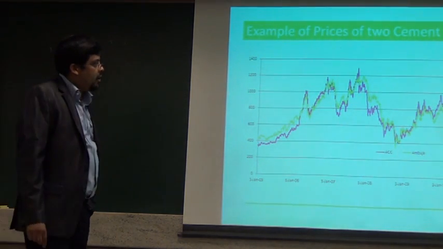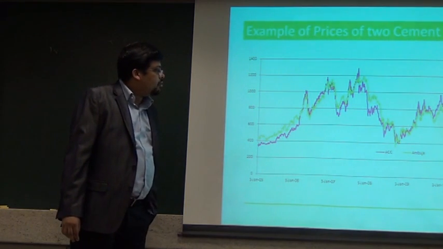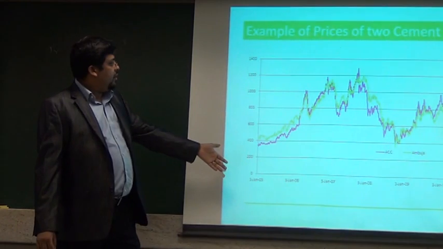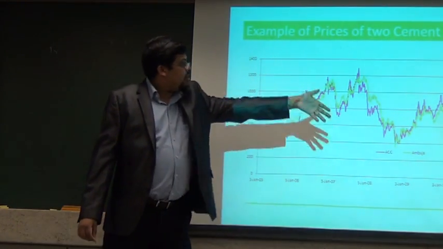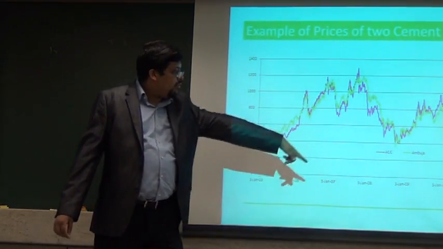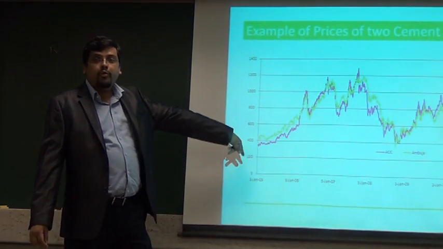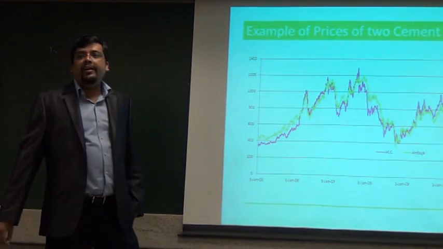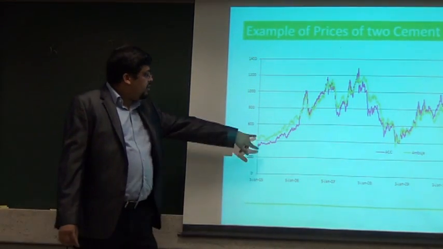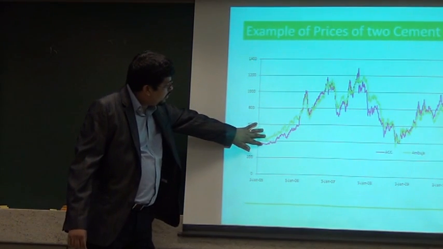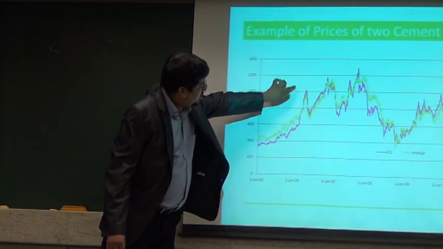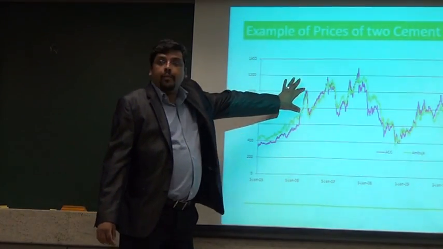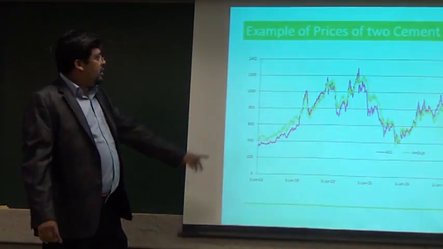Okay, now let's begin. So to start with, I have taken two stocks, that's ACC and Ambuja. I have plotted the prices of one stock on one axis and the other stock on the other axis. This is a period of 2005 to 2011. And what you can see, the prices of these two stocks move quite in tandem. There could be, slightly, these are the areas where the difference between the two has increased, but during some period, something like around March 2006, they have again come together, and vice versa, then again they moved apart.